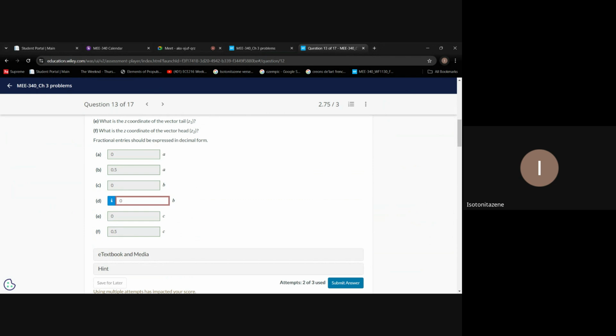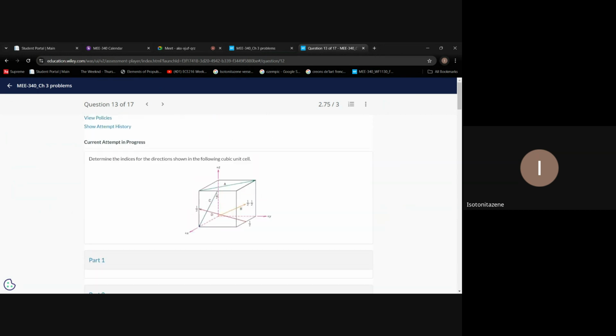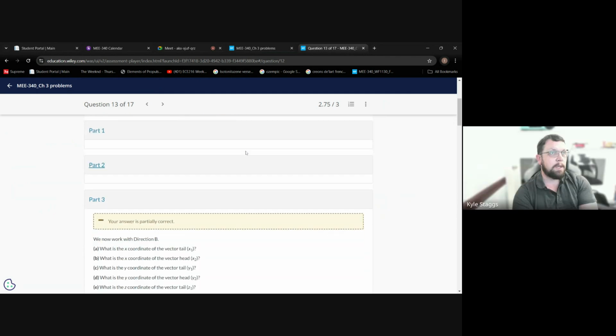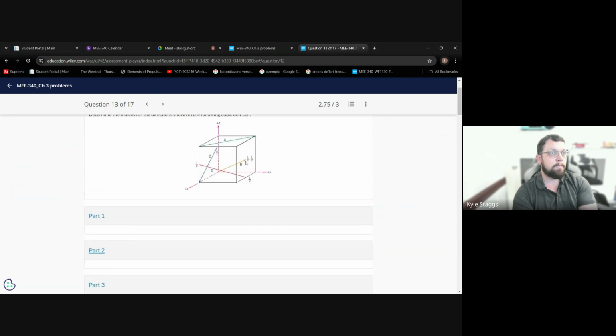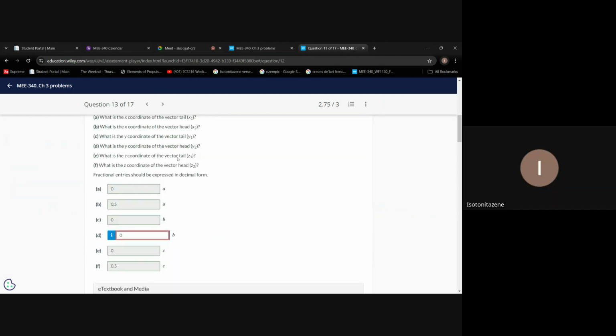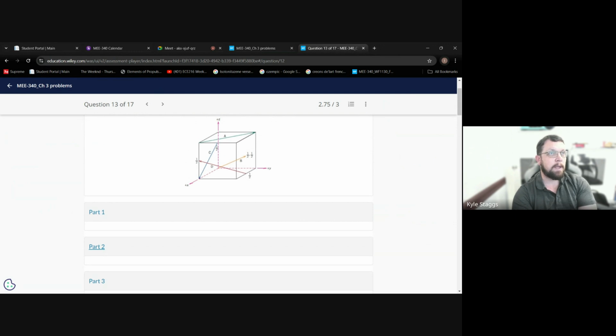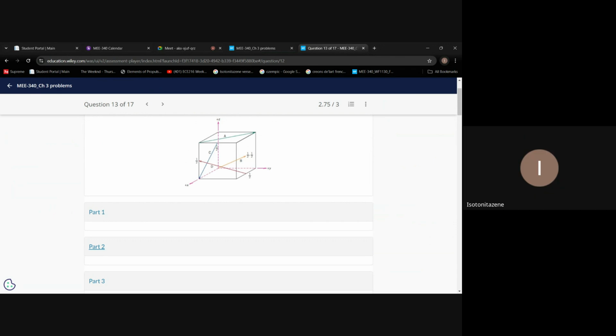This part was a little confusing for me, but it's saying the head, and we're looking at direction B. What that's doing is that head is pointing to the front face at y equals 1. So it's half in x, half in z, 1 in y.